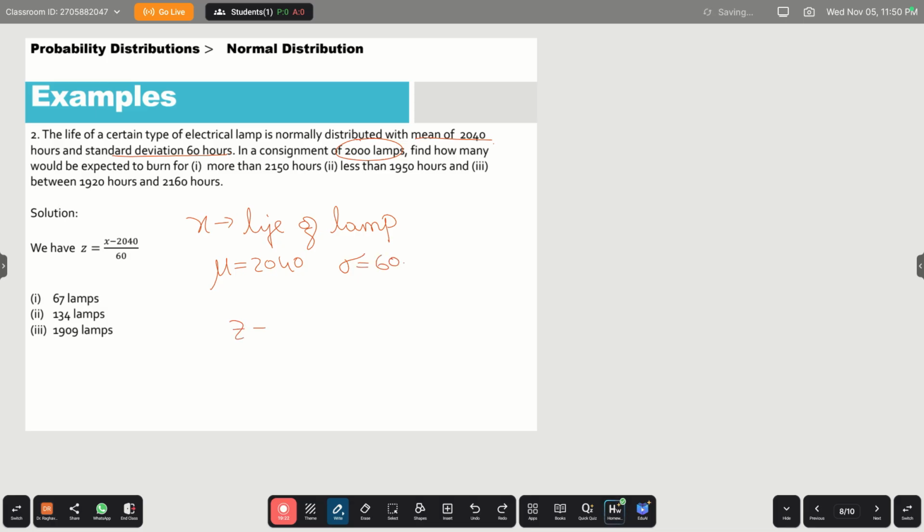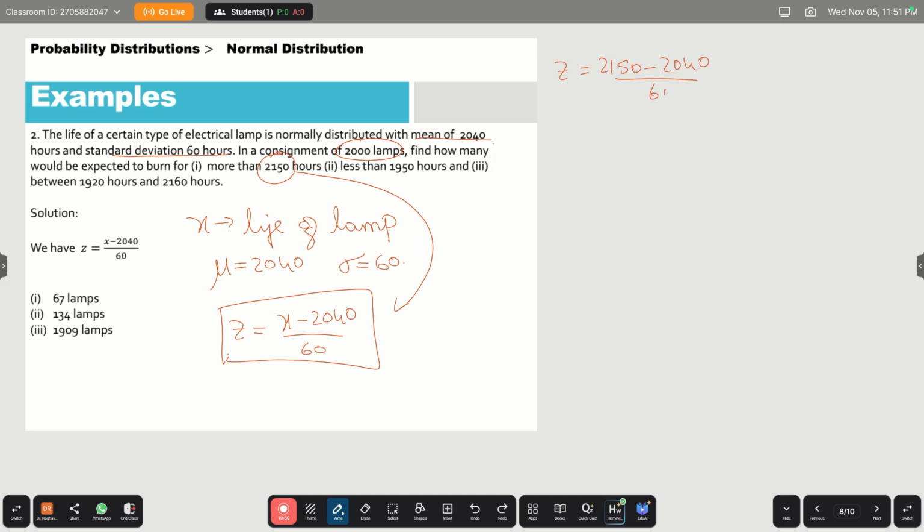To convert the normal distribution to the standard normal distribution, we use the substitution z = (x - 2040)/60. First we need to find the corresponding z value for x equal to 2150. When you put x equal to 2150, z will be (2150 - 2040)/60.